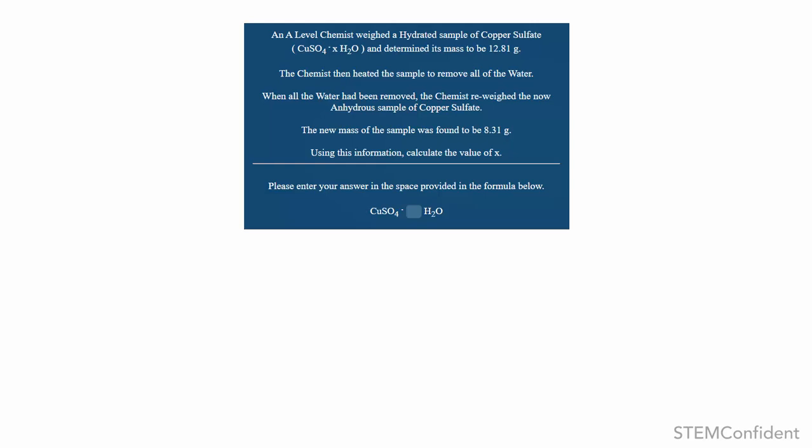So what I'm going to do first is find the amount of substance of the copper sulfate, right? And the way I'm going to do that is leveraging the anhydrous mass, so this is effectively the mass without water, right? So how would I work that out?